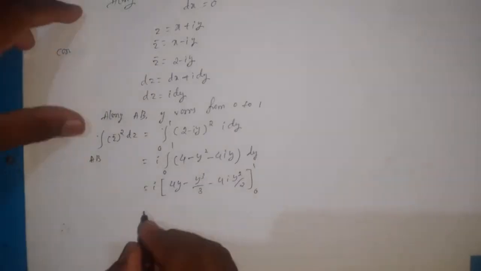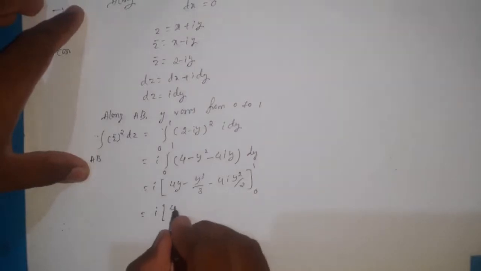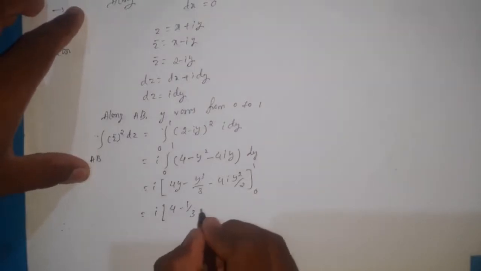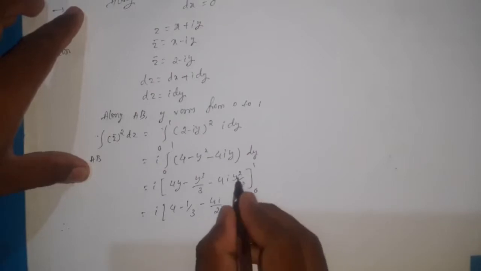Now this is equal to i into, for upper limit y equal to 1, that is 4 minus 1 by 3 minus 4i by 2.